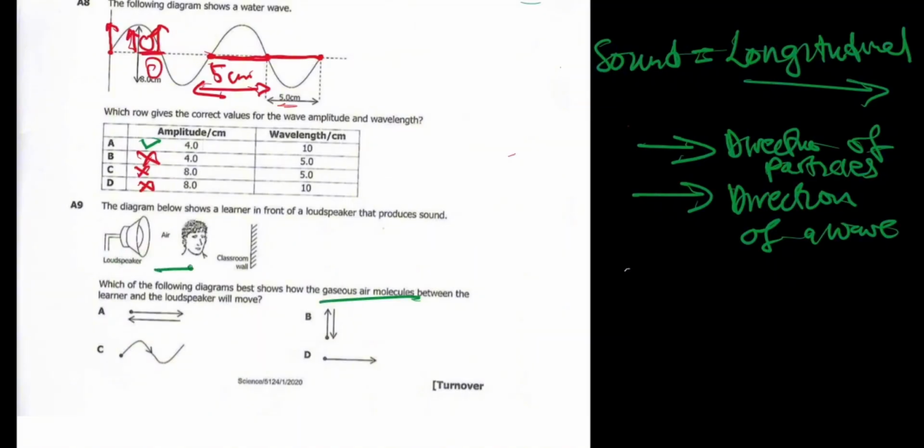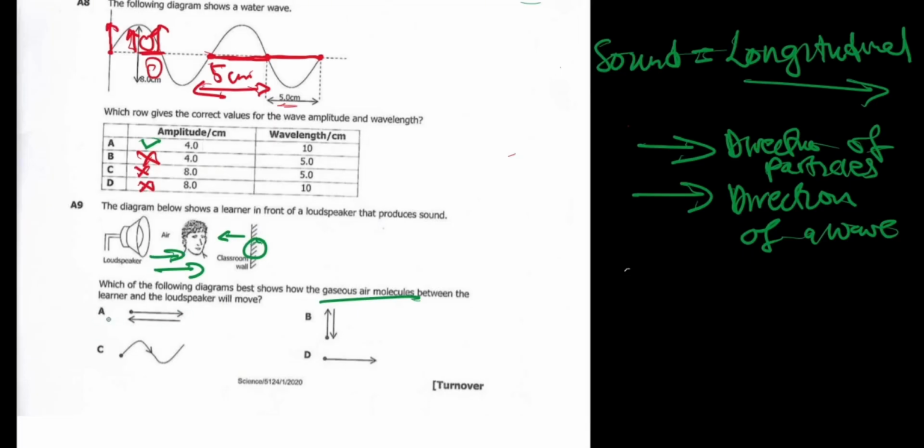Sound is moving in this direction so that the listener can actually hear it. The air molecules should also move in the same direction. The only addition we can make is that there is the classroom wall at this point, which means that sound can actually bounce back. And when it bounces back, it is going to move in this direction.